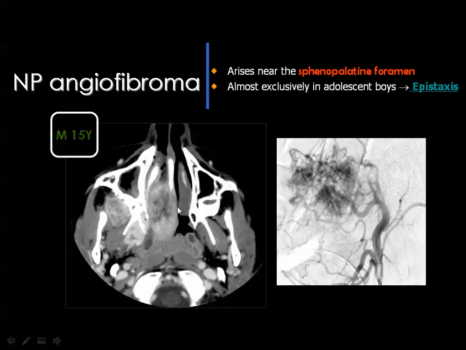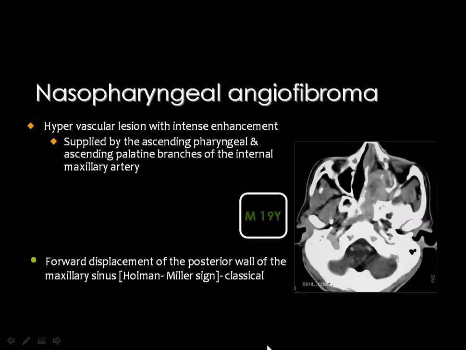This lesion is very vascular, and it usually presents by epistaxis. And if you have an angiogram, which is commonly performed to do some embolization before surgery, you will see hypervascularity of the tumor. This tumor is characteristically confined to boys around 20 years of age, and this tumor is hypervascular.